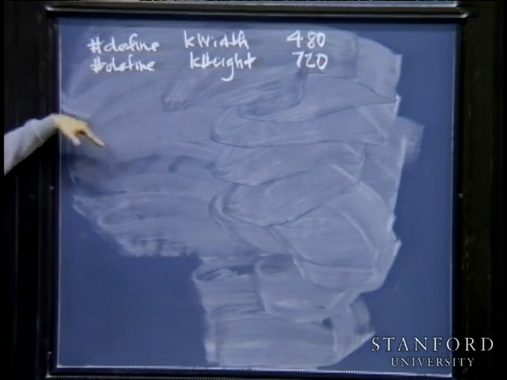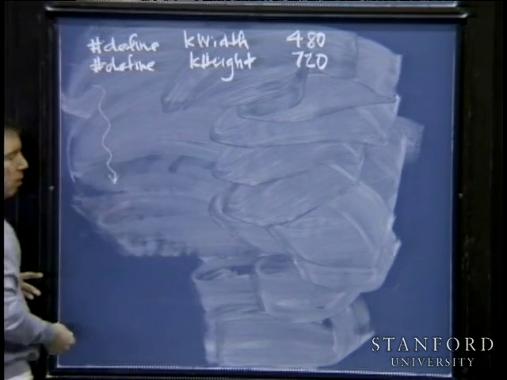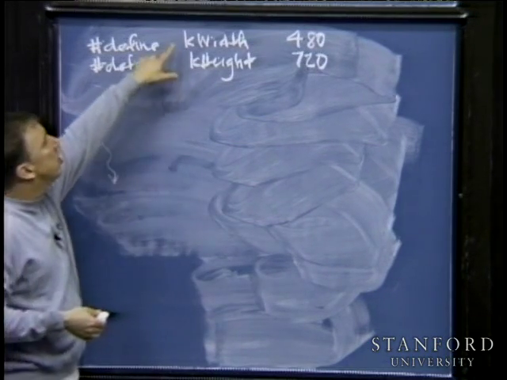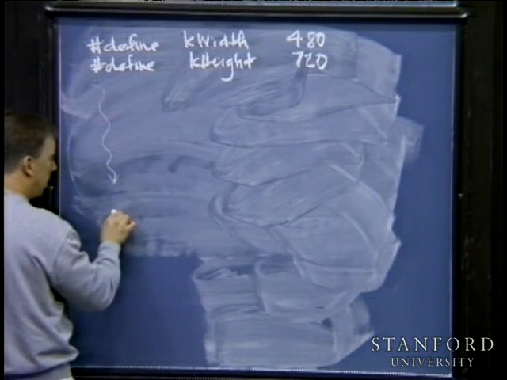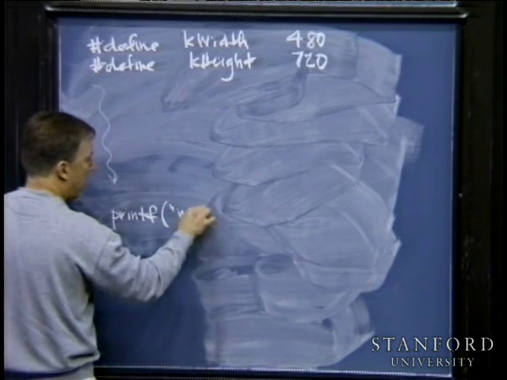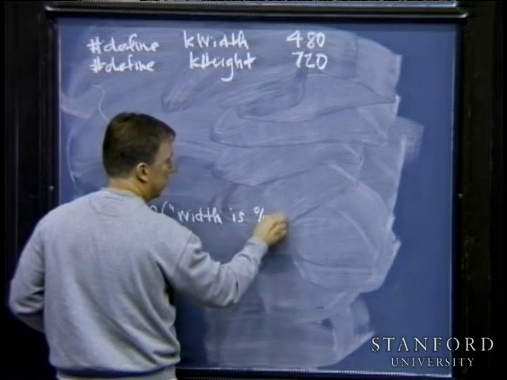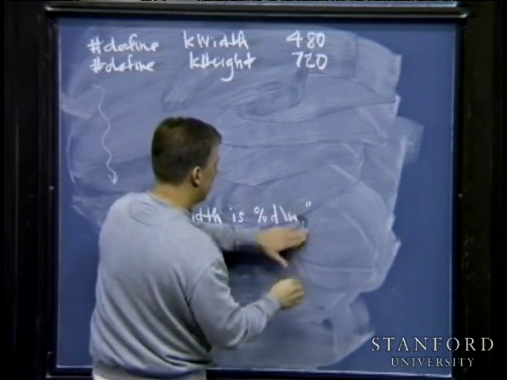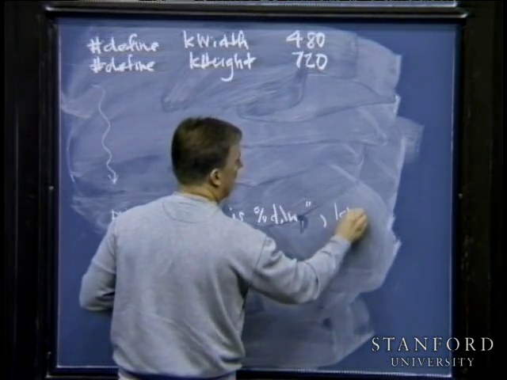And then I have some #includes, I'll talk about those later. And then there's all this code right here where usually some part of it is framed in terms of that and or that. So maybe you have a printf statement: "Width is %d\n", and then you feed it the value of kWidth.